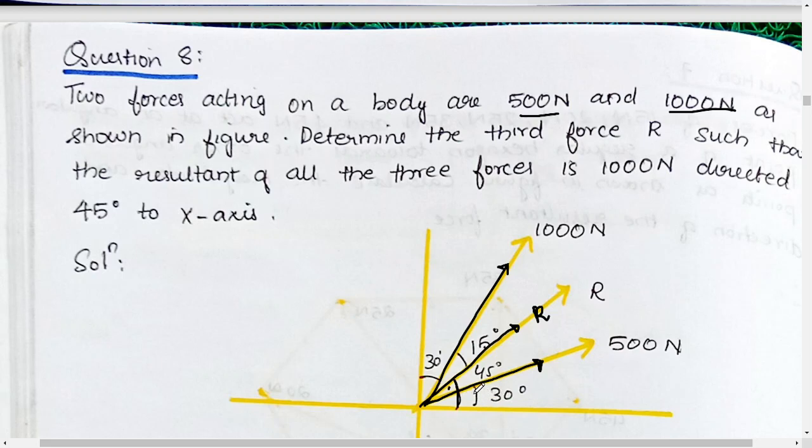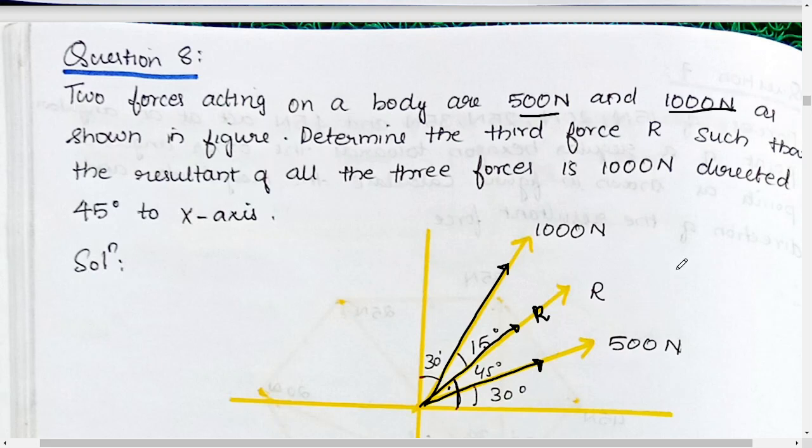No, it is not 90. It is 60 degree to x-axis because 15 degrees here and 45 degrees here. Then we have 500 Newton, which is 30 degree to x-axis. We need to find the third force such that the resultant of all the three forces is 1000 Newton.